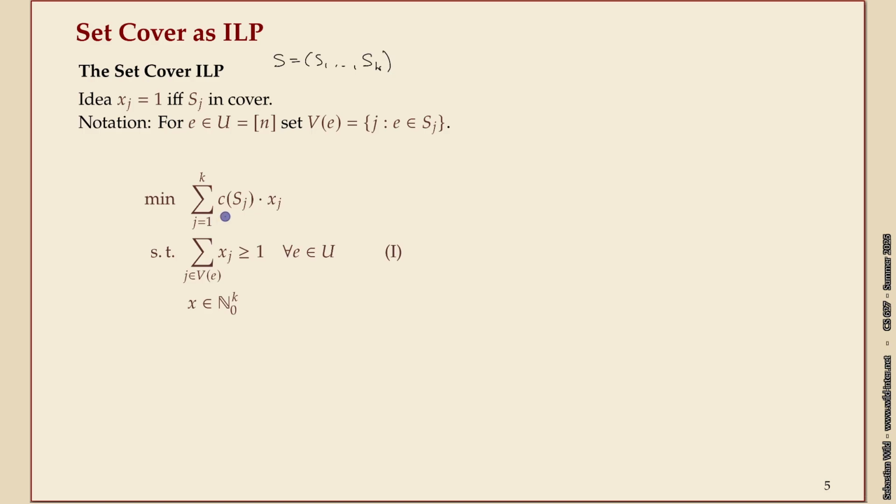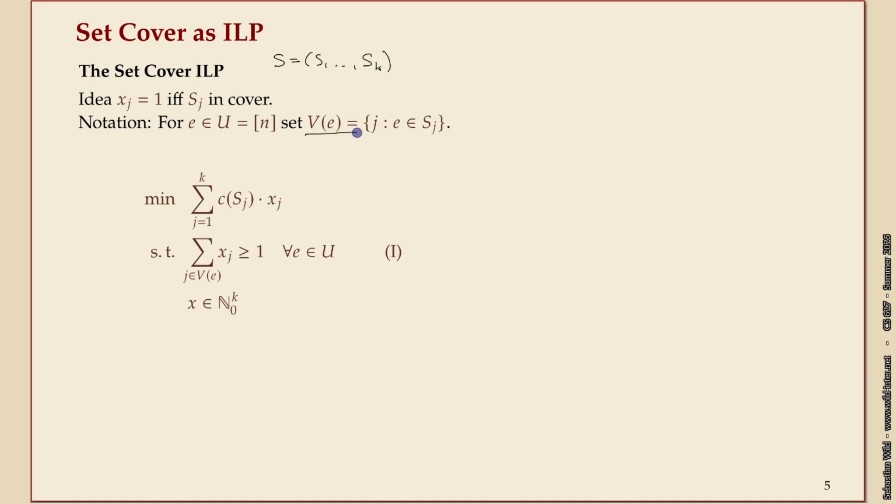As an integer linear program, we can write this with x_j, a variable that is 1 if this set S_j is part of the solution and 0 otherwise. Then this is going to get us the total cost of the cover we're picking. How do we enforce that it is a set cover? For every element e in the universe, we sum over all the sets where this element is contained.